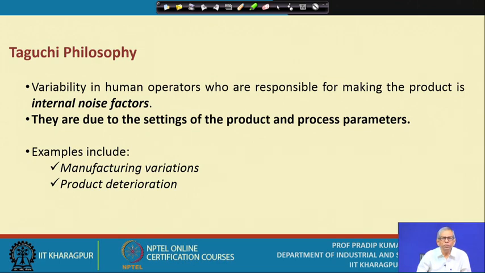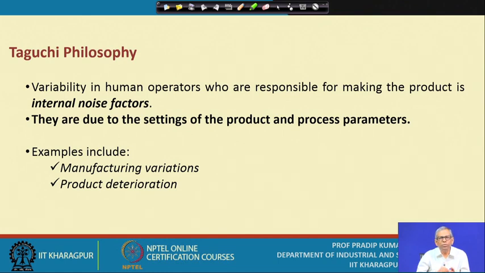Now, they are due to the settings of the product and the process parameters. Sometimes what happens, if you engage person A, he will set the machines in one manner. If you engage another person, say person B, on the same machine, he might set the machines in a different manner. Obviously you set the parameters of the machines in such a way that you can handle the machines properly as per your skills.